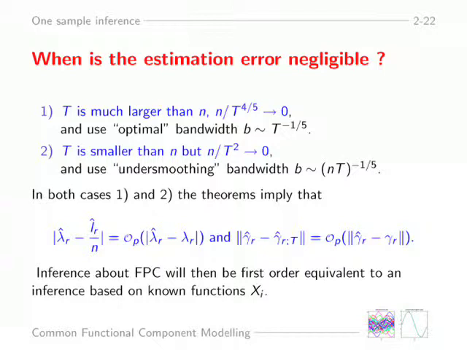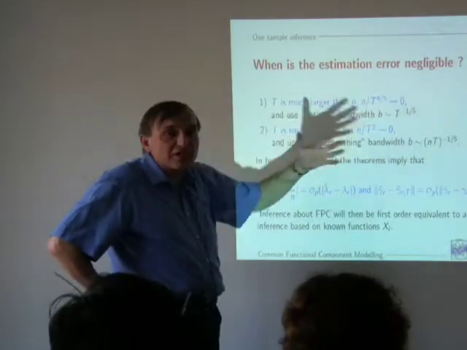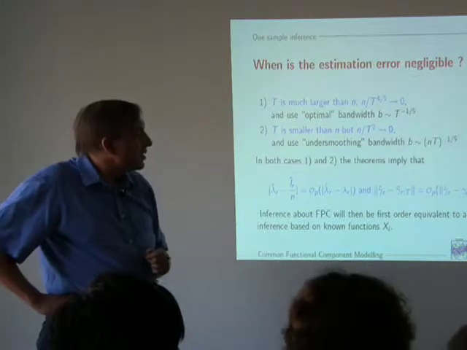But this also works if t is smaller than n, as long as t is larger than the square root of n. At least you need that. And you use an undersmoothing bandwidth, which is of the order b of t to the minus 1/5. So in these two cases, the estimation error is negligible.